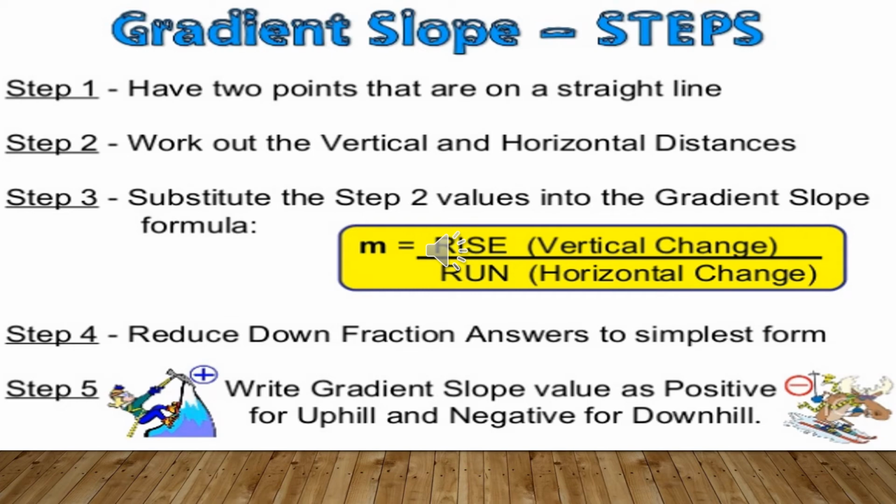Step number 4, reduce down fraction answers to the simplest form. And step number 5, write down the gradient slope value as positive for uphill and negative for downhill. It means if the slope is going from down to upward, that is positive. If it is coming from upward to down, it would be negative.